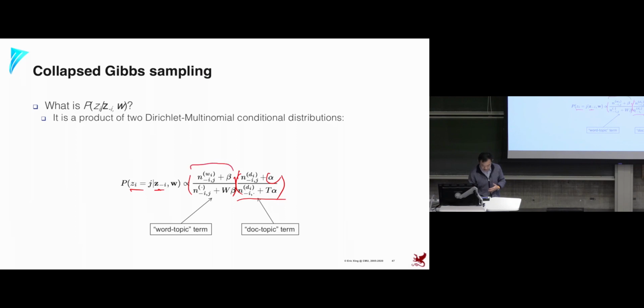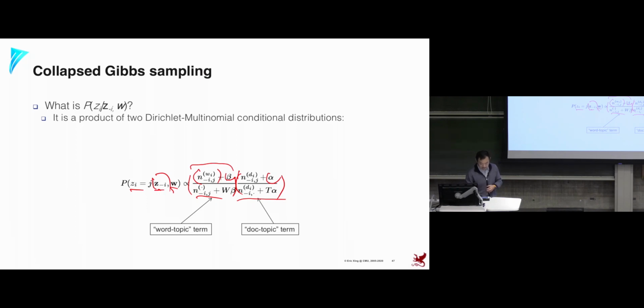And in here, the betas are the hyperpriors, the Dirichlet prior for the word frequency under a particular topic, right? And here are the counts of the word frequency under a particular topic. And here are the normalizer. So all these n's can be computed from the z's that we have so far, plus the words. Right? So this is a very, very easy equation.